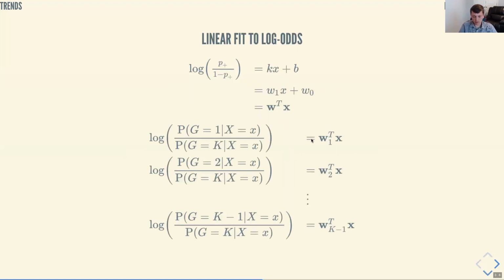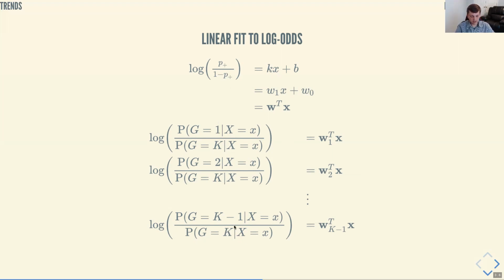Once we do that, we can observe that, in a multi-class situation, say we have classes from 1 through k, in a binary case it's easy, right? There are only 2 classes, the positive class and then 1 minus that, the degrees of freedom.